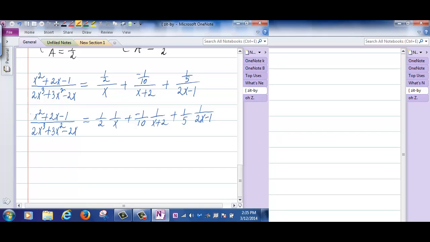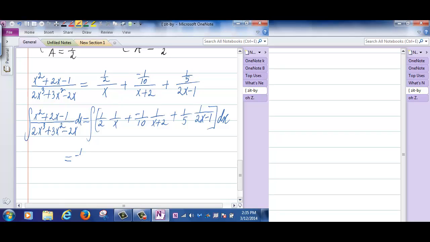So if I want to integrate this fraction now, right, I have dx then, I can simply integrate this guy. So instead of integrating the fraction directly, we can integrate the decomposition. And so what do we get?